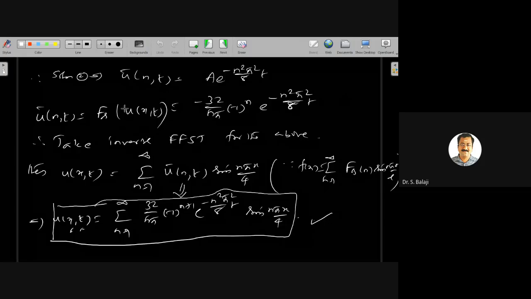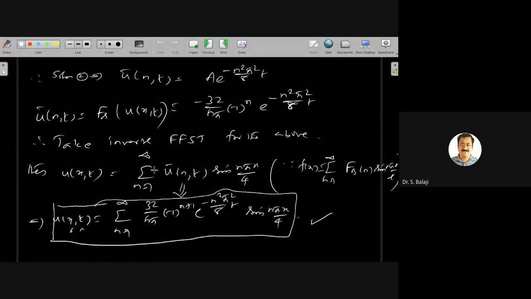Now we are interested to find u of x comma t. If you want to find u of x comma t from this Fourier sine transform, take the inverse finite Fourier sine transform of the above.